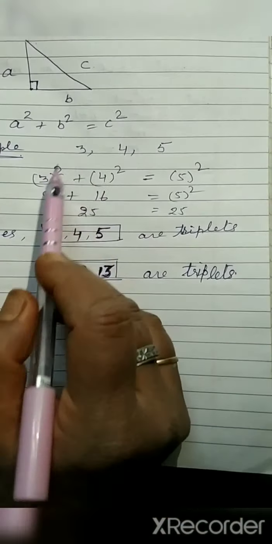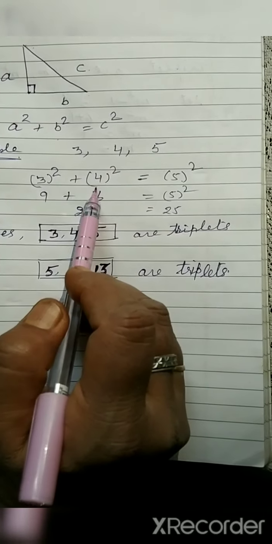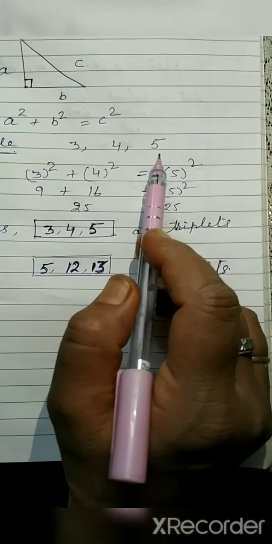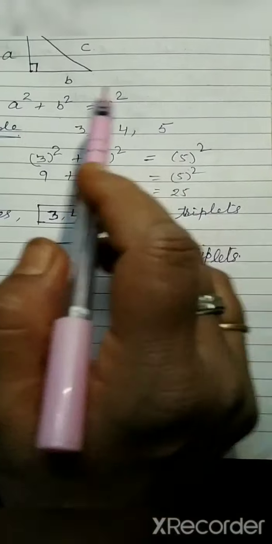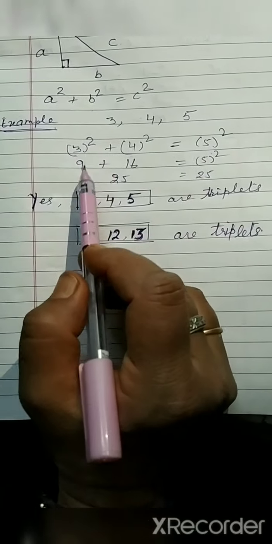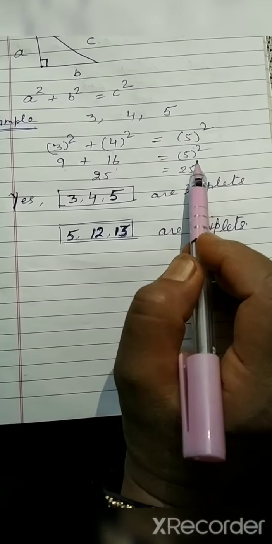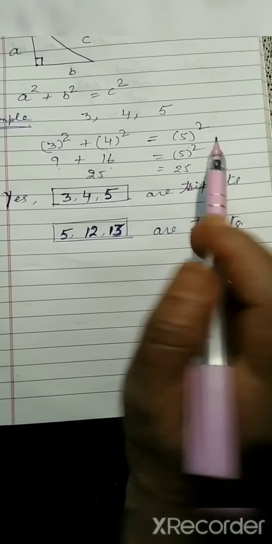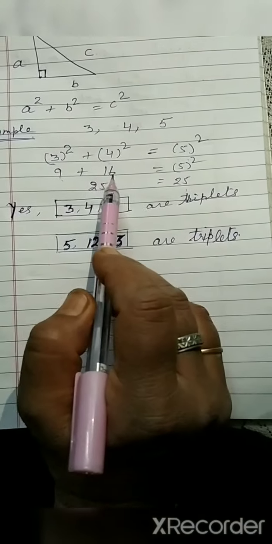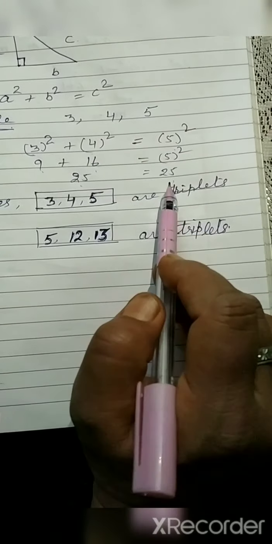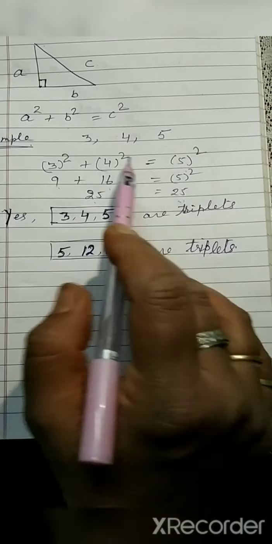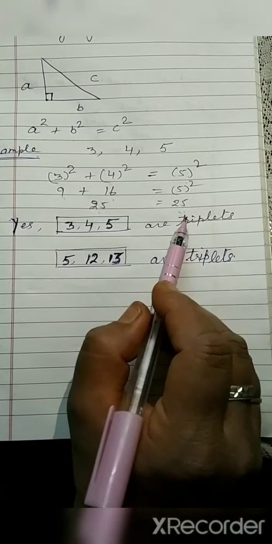A square means 3 square plus 4 square must be 5 square, as the theorem says. So 3 square is 9, 4 square is 16 and 5 square is 25. The sum of 9 and 16 is 25 and 5 square is also 25. It means this LHS is equal to RHS.